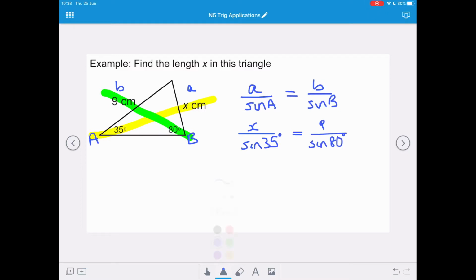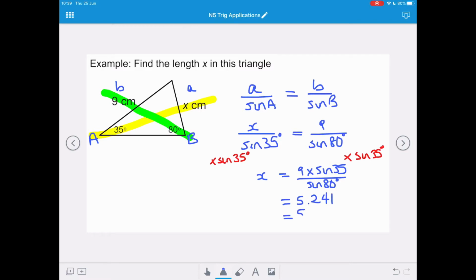Now we want to isolate that x in order to determine its length, so we're going to multiply both sides by the sine of 35 degrees, as if we were solving an equation, and that's going to leave us with x equals 9 multiplied by sine of 35 all over the sine of 80 degrees. And if we put that into our calculators, we're going to end up with a value of x of 5.241 and so on, and rounded to one decimal place that is going to give us 5.2 centimeters.